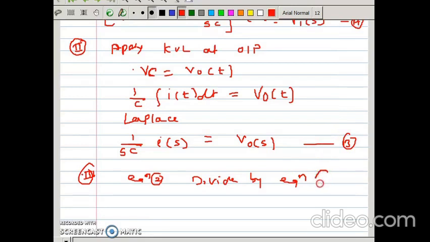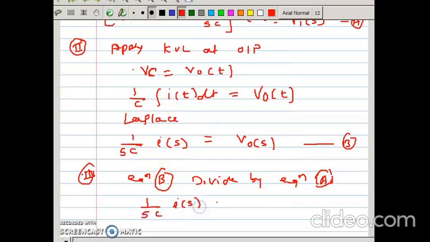One second, we are dividing B by A. This is B and this is A. Now B is at the numerator, so it is 1 upon SC.